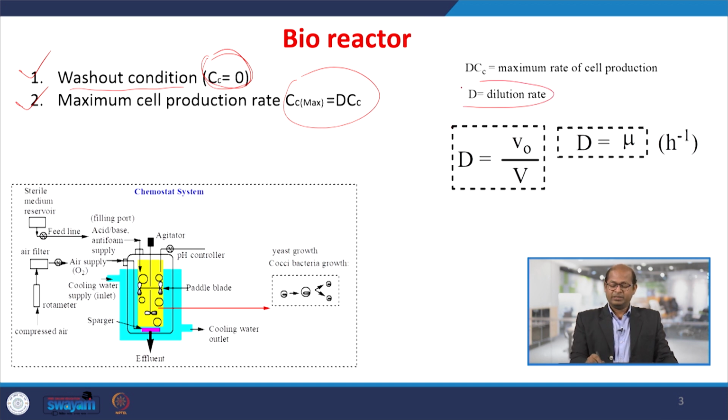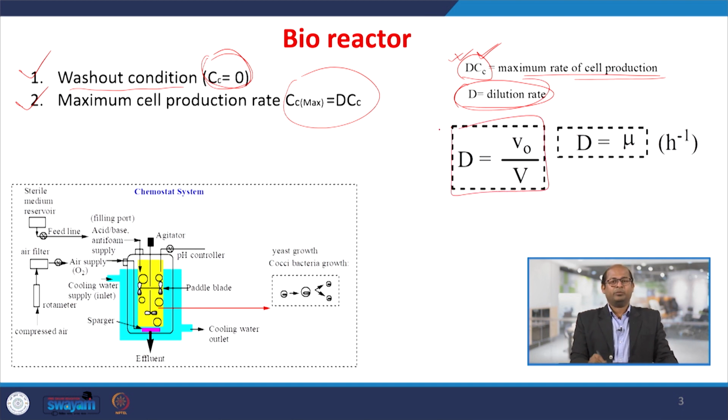Here D is the dilution rate, and D times C_C is the maximum rate of cell production, where C_C is the cell concentration. If we know the dilution rate and cell concentration, we can find the maximum cell production rate.